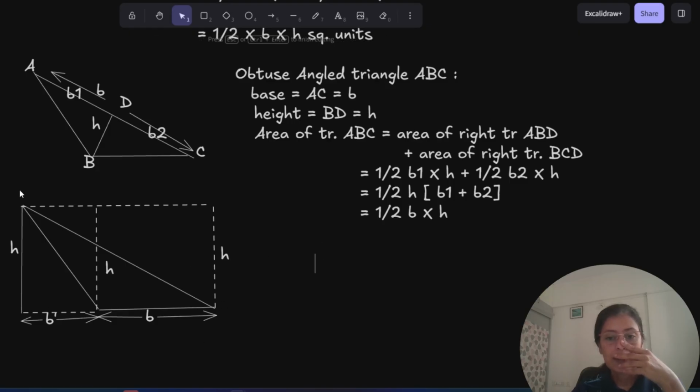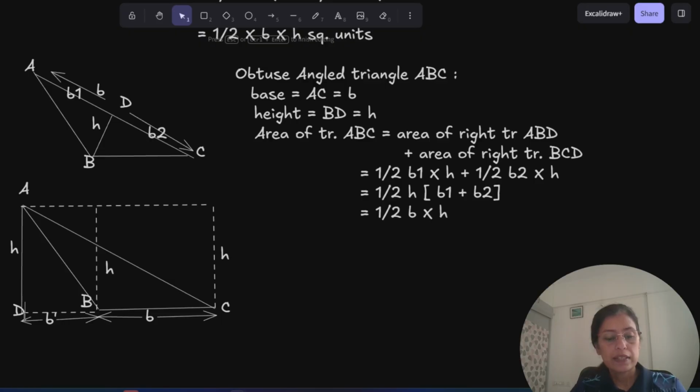So you can see this is forming, okay, I did not write the name of the triangle. This is A, this is B, this is C. So this is our obtuse angle triangle ABC.